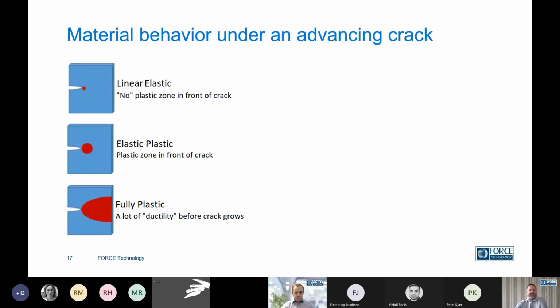Right, now another important concept here is the slide shows 3 examples of how the plastic zone can behave, because it tells us whether we're looking at linear or non-linear behavior, or a combination of both. Of course, linear is a straight line.